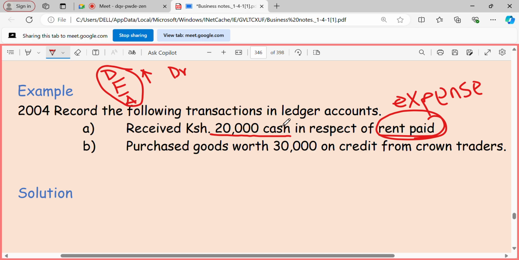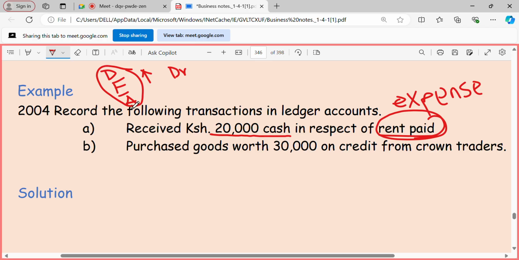So working with the DEA, because expense iko hapo, unajua that ziki increase mtu anafaa kudebit. So it means that tutakuwa na rent account, na rent is an expense, iki increase, so already tunajua tutadebit.